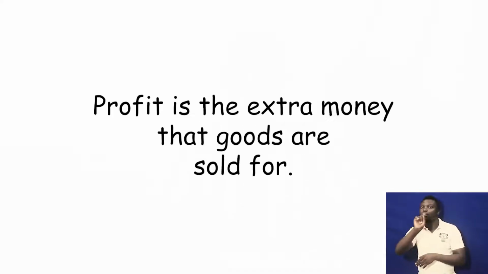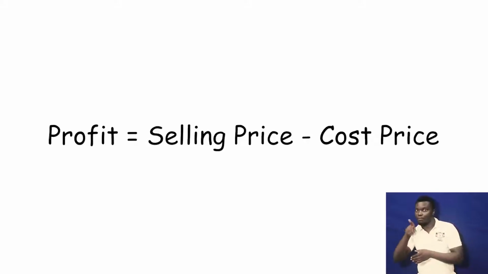Therefore, profit is the extra money that goods are sold for. And if we were to use the terms cost price and selling price, profit is equal to selling price minus cost price.